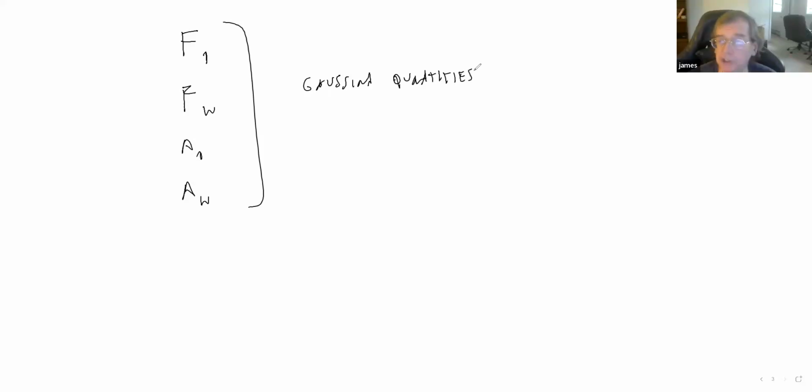But you take these Gaussian quantities and you formally form these Eisenstein quantities for them. So we have F1 plus FW times W, and A1 plus AW times W. I'm trying to remember to call it omega, but I keep forgetting. I just call it W. So maybe we should just stick with W for now.